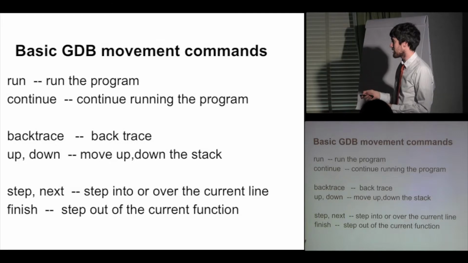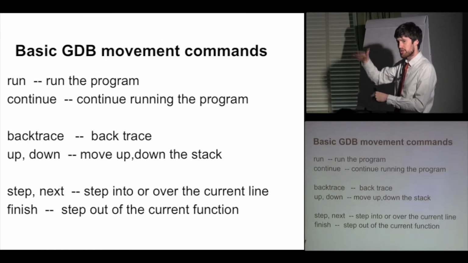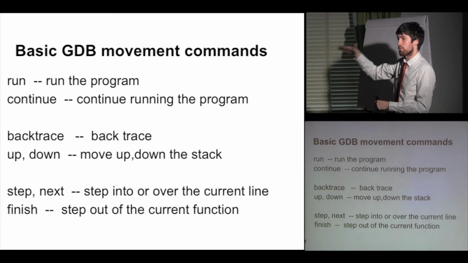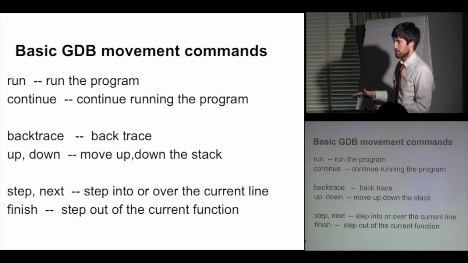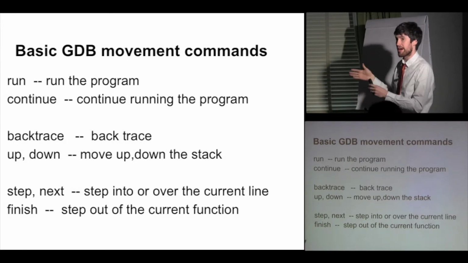So to step to the next statement, you type next, and in the current function, or at the current level, you'll step through the lines of the source code, executing each line. If you get to a function call and you type next, it will just go over the function call and give you the finished product of the function, as if it had finished.